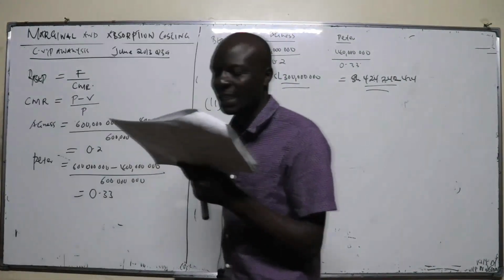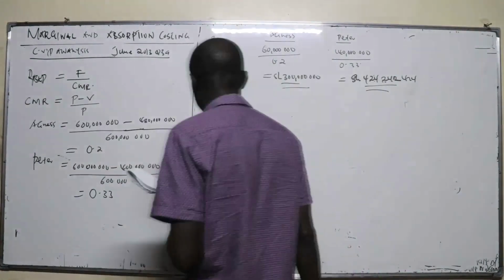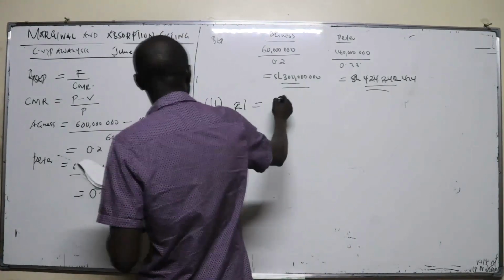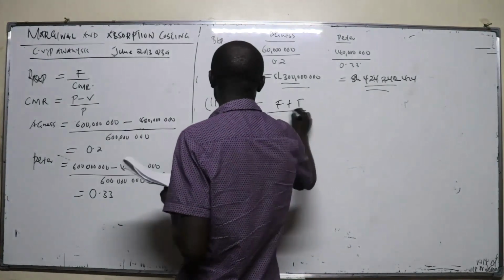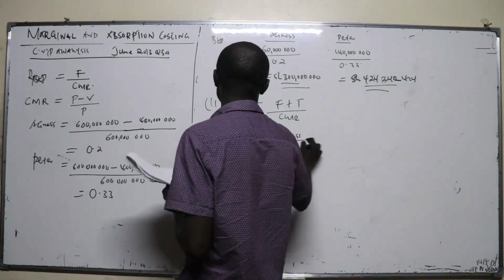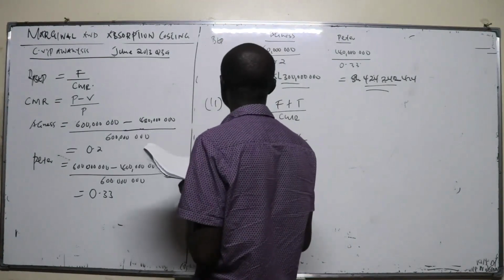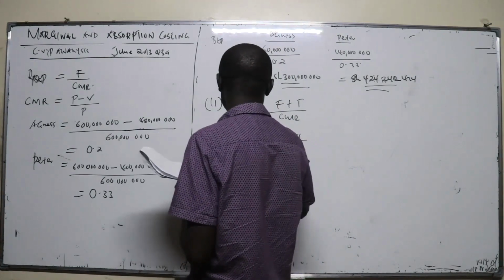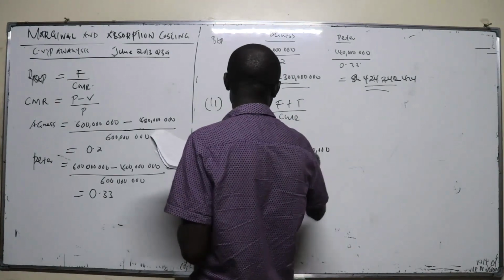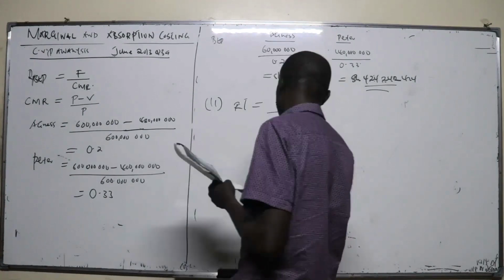And then the sales volume at which the business will earn a profit of 20 million. They're asking for the target sales, which is going to be F plus T over CMR. So for Agnes, the fixed cost is 60,000 plus the target of 20,000 over the CMR of 0.2.